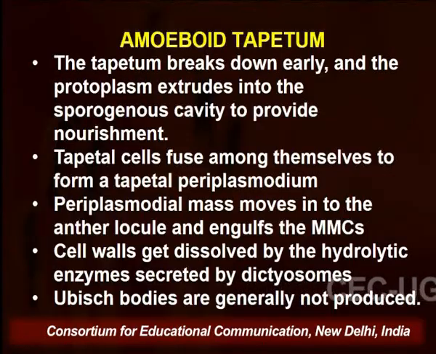Now talking about the amoeboid tapetum. Amoeboid tapetum has derived its name because it somehow functions like an amoeba. You would recall that amoeba engulfs its food material, and here also tapetum breaks down early and the protoplasm extrudes into the sporogenous cavity to provide nourishment to the developing microspores or the microspore mother cells.